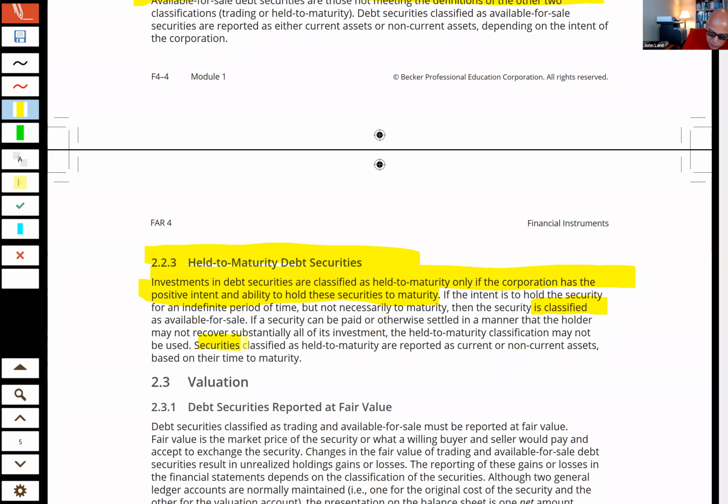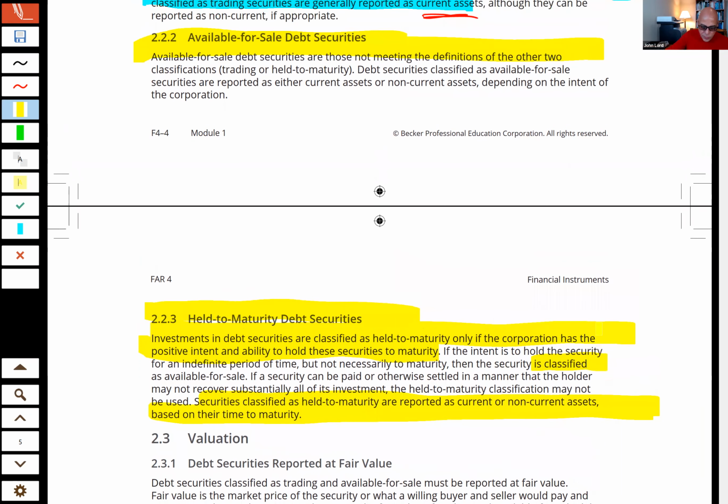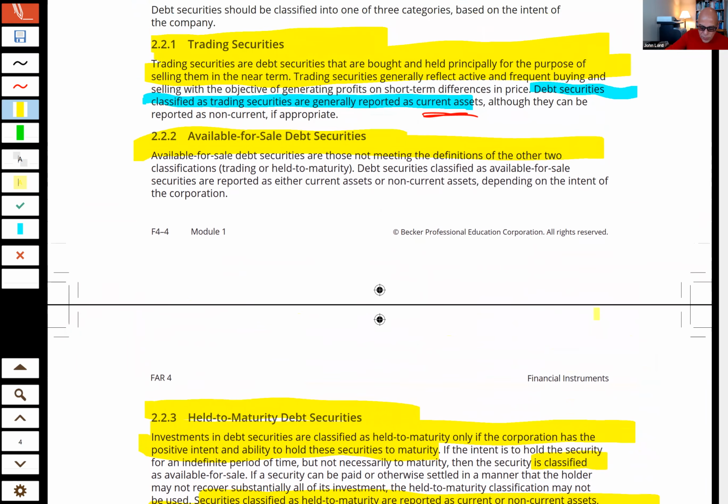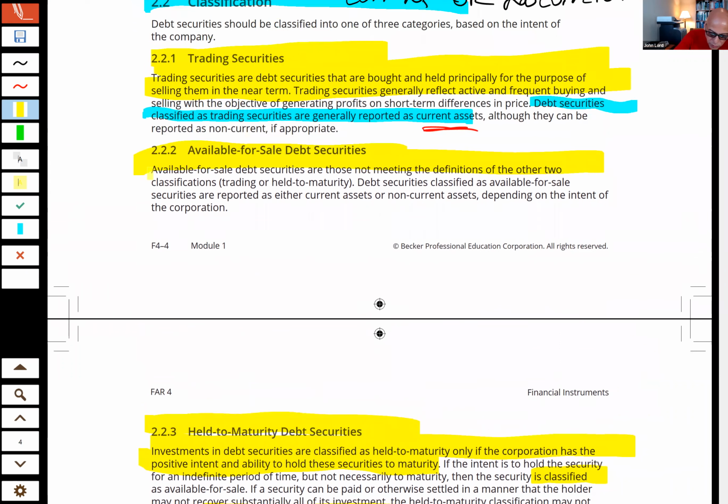Securities classified as held to maturity are reported as either current or non-current, depending on the time to maturity. Available for sale securities are those that do not meet the other two categories.